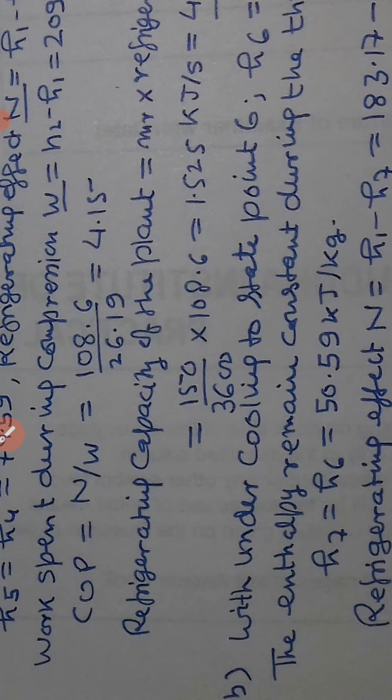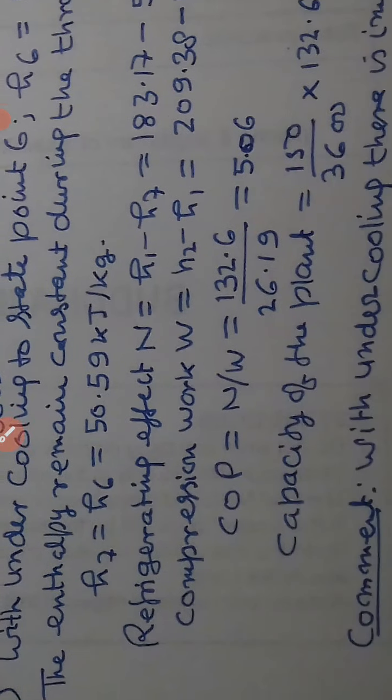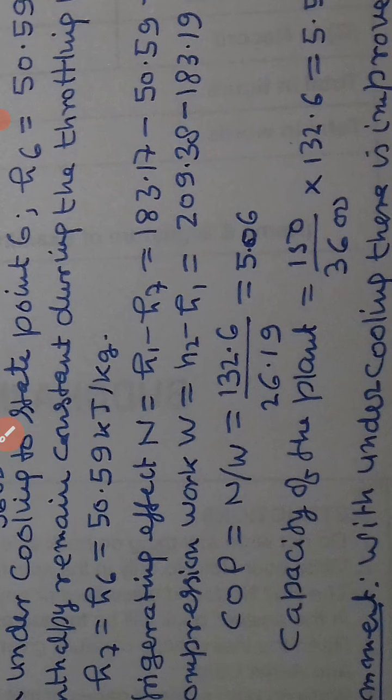Then the refrigerating effect, H1 minus H7, is 183.19 minus 50.59, that gives 132.6 kJ per kg. And compression work W, H2 minus H1, is 209.38 minus 183.19, that gives 26.19 kJ per kg.